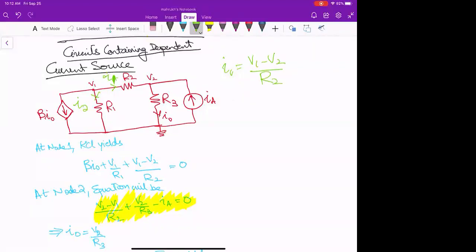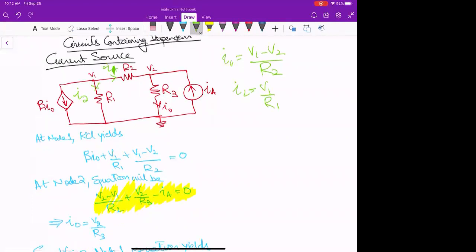And my I2 is V1 over R1. If I am writing the node 1 equation, then it's fine, right? V1 minus V2 over R2. But if I am writing at node 2, I should be writing it as minus I1 plus I naught minus IA, something like this, right?